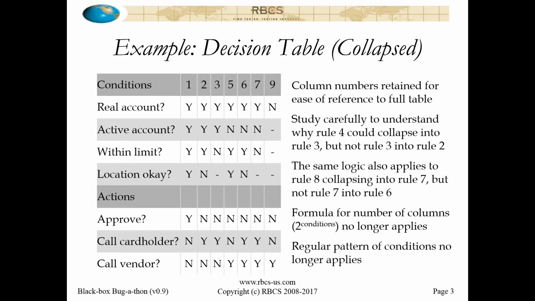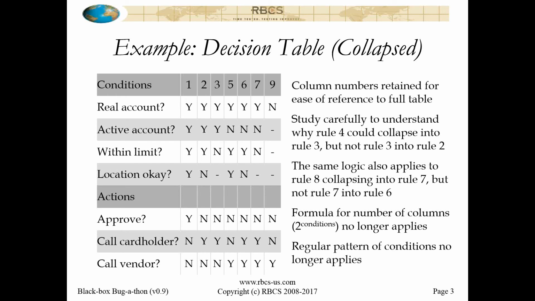And the correct actions to take are: we should not approve, we should not call the cardholder, but we should call the vendor. Similarly, we can collapse rules 4 and 3 together, saying that if it's a real account, an active account, and it's within limit, the location doesn't matter.